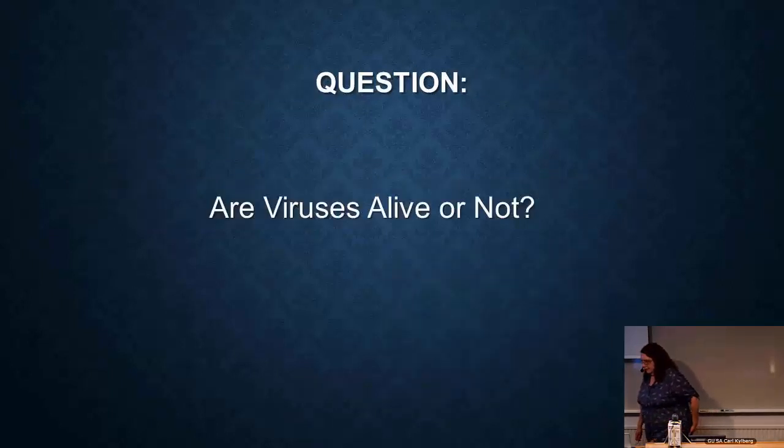That is not decided. That is, some people debate the viruses should be called alive. Other people say that they should not. But the problem is, it's a problem of semantics. Because if you list the typical characteristics of a living organism, viruses have some.